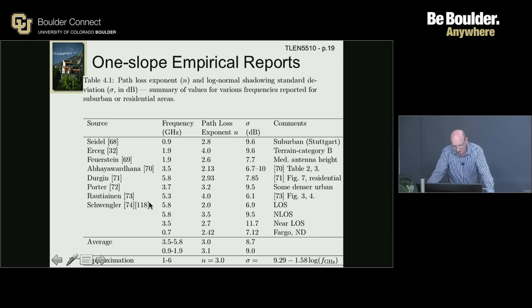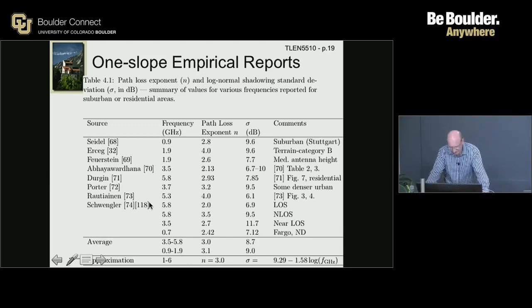And the log normal shadowing seems to be 8.7 to 9. Remember, pretty similar to the ERSEG model. It's good to see, though, that's one good thing. If you don't know what to do, just use a path loss exponent of 3 and then log normal shadowing of 9. Because it fits a lot of measurements.